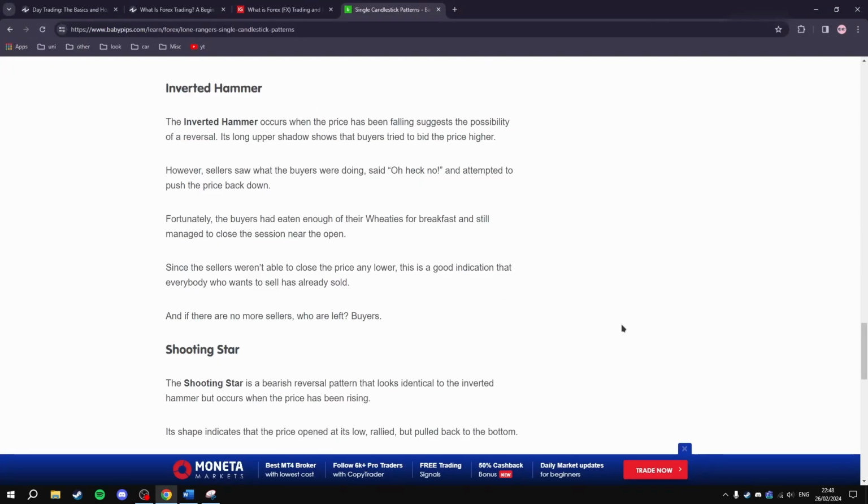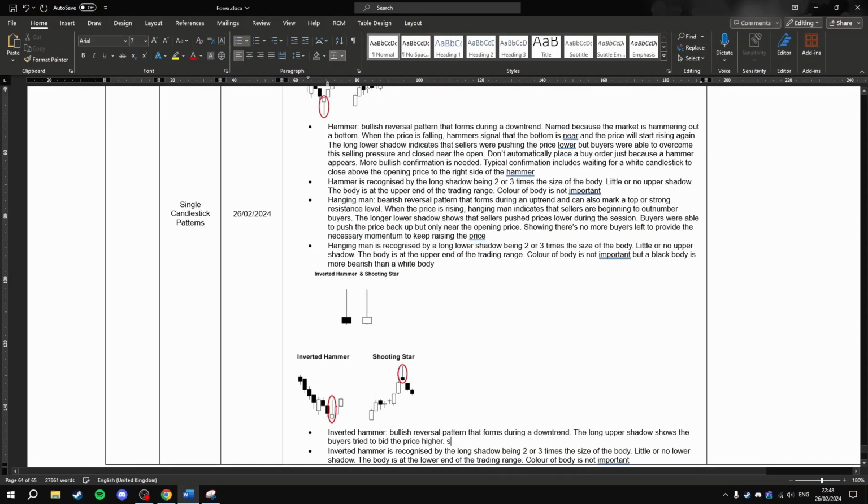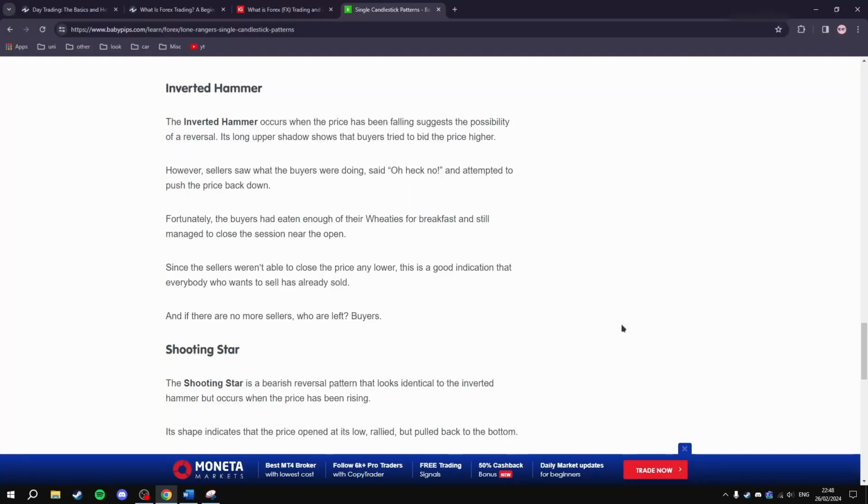However, sellers saw what the buyers were doing and said, "Oh heck no," and attempted to push the price back down. Fortunately, the buyers had eaten enough of their Wheaties for breakfast and still managed to close the session near the open.